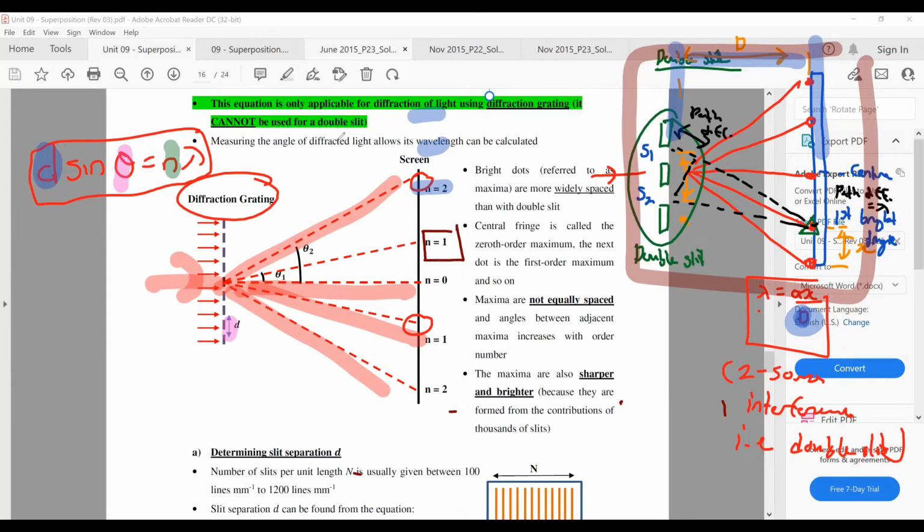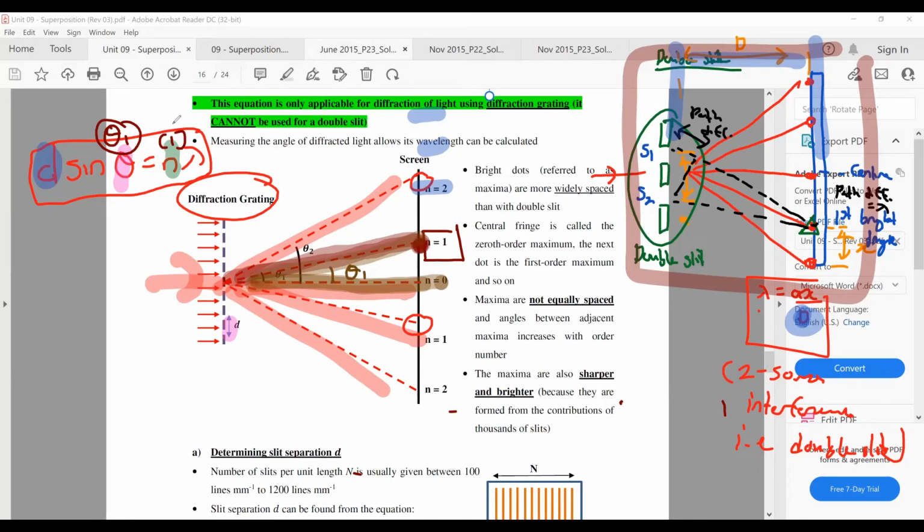The first order is this line here, right? This is the first order bright dot represented by this line. If I'm doing any calculation that involves the first order, the angle I use must be the angle for the first order, which means it is the angle between the center line 0 and the first order. This one is actually my theta 1.